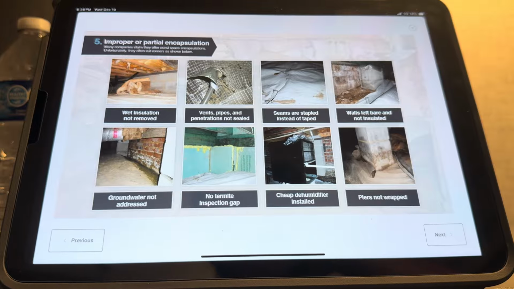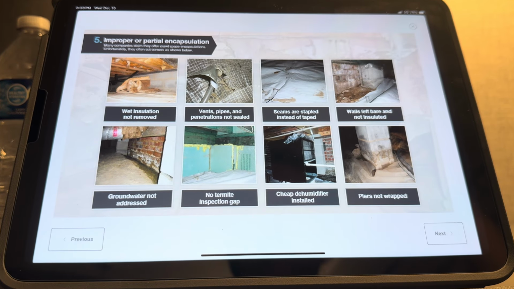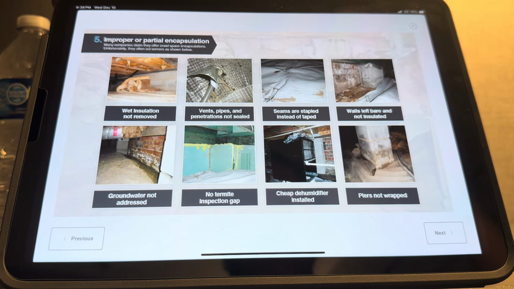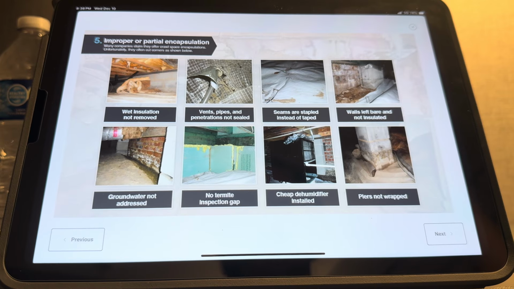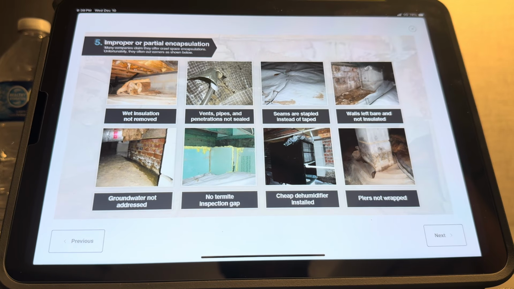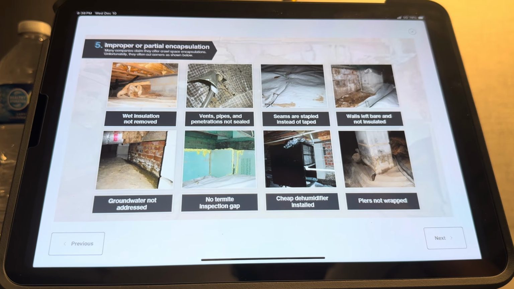They're probably going to staple whatever liner they're using, and I would have to ask you, what do you think might happen with a material that you're just going to punch holes in? Well, yeah, you're still going to get the moisture. You're still going to have the moisture and humidity problem.